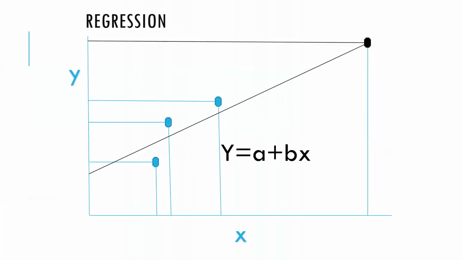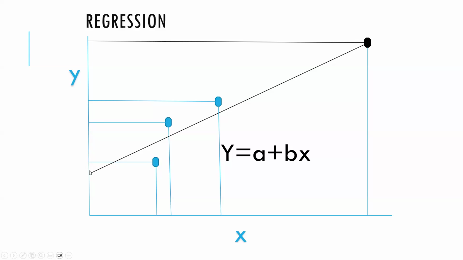So why are you trying to do that? You're trying to solve the equation y equals a plus bx. y is the dependent variable. A is the y-intercept, all the way to the left here.